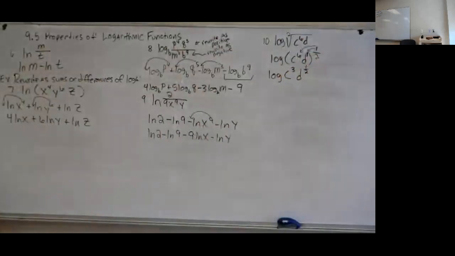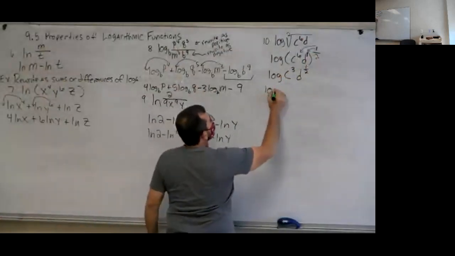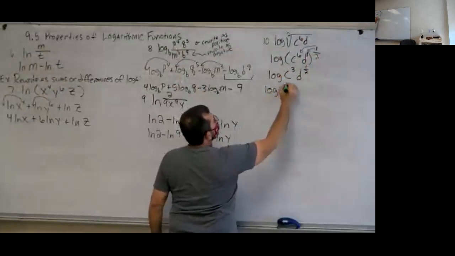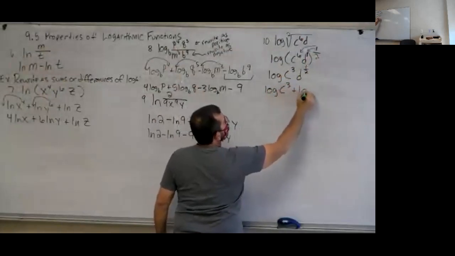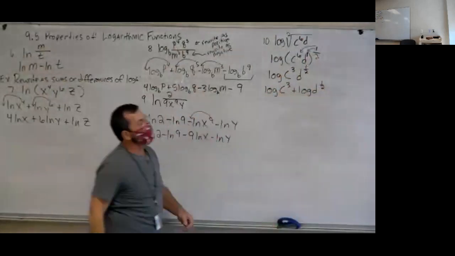Now notice, I haven't done anything to this problem except get rid of that radical. Now, they're being multiplied, so we're going to write them as addition, right? So we're going to have a log C to the 3rd plus a log D to the 1/2.